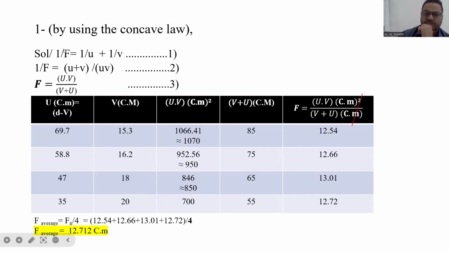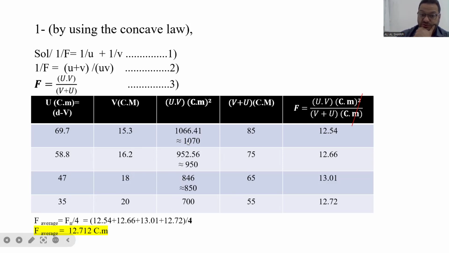Let's solve it. From the focal length law, we simplified it to be equation number 3. Here I have v already, u is d minus v, all of these results. u plus v is the d, the same, but with a different name. u multiply v, approximately, for example the first result, 1070.